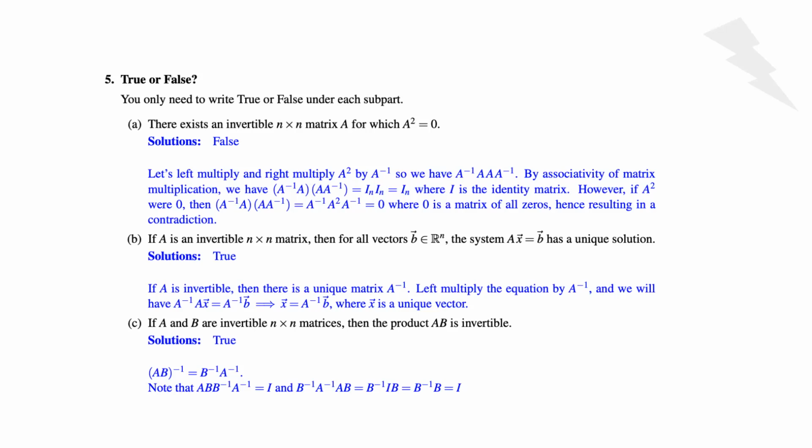So if you multiply AB times the inverse of AB, it would equal the identity matrix. The inverse of AB can be replaced by the formula above, B inverse times A inverse. Plugging that in and grouping like terms, you end up getting the identity matrix. So this basically tells us that our product AB is invertible.